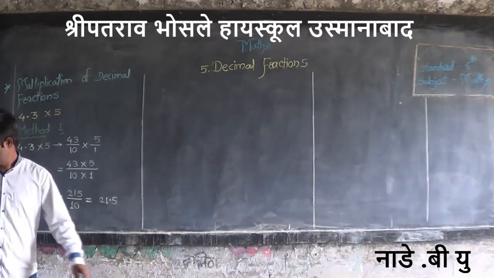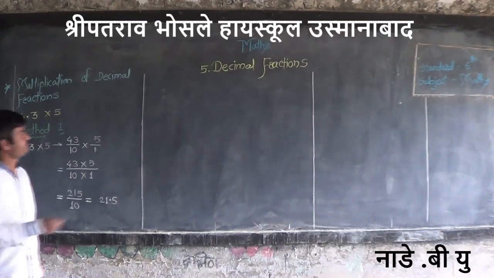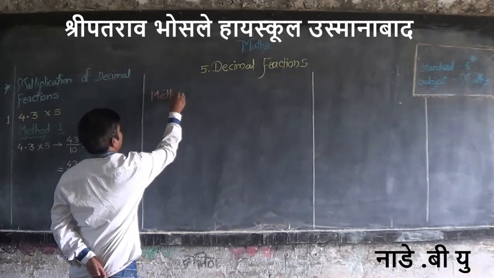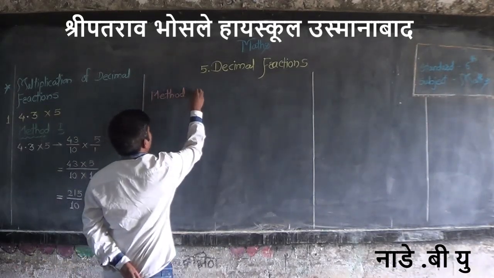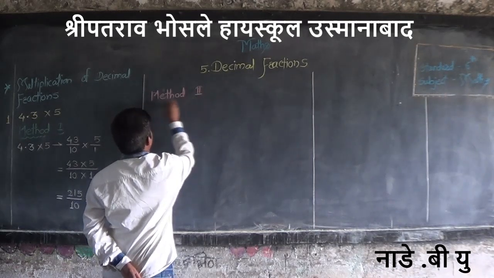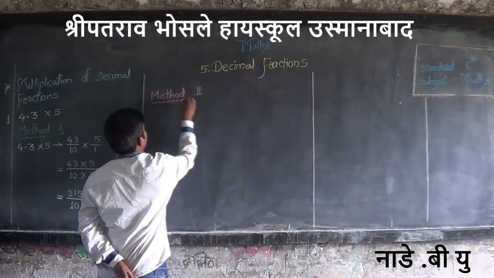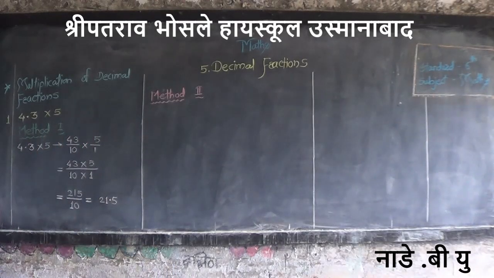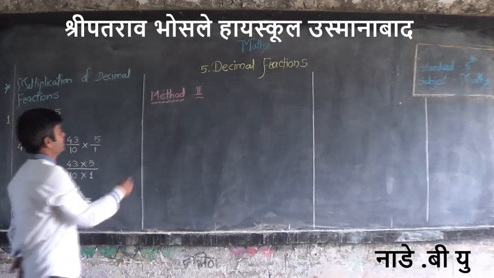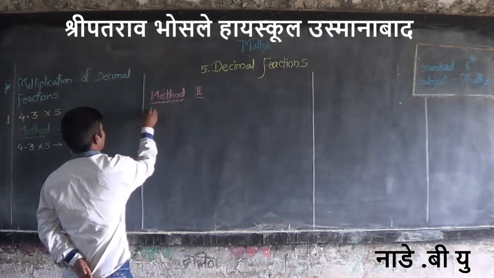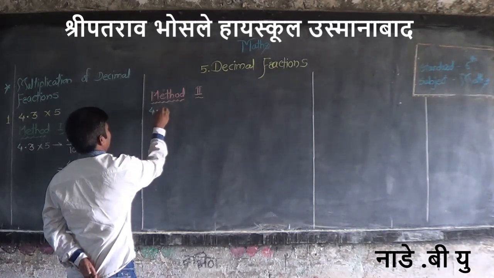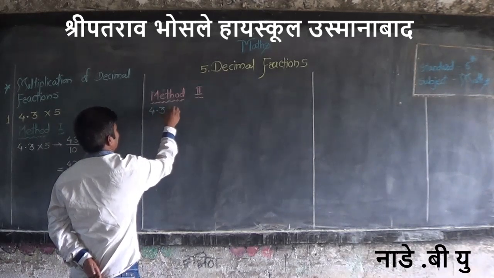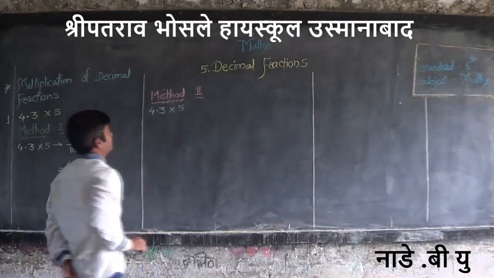Now we see the second method. In the second method, the same example: 4.3 into 5.